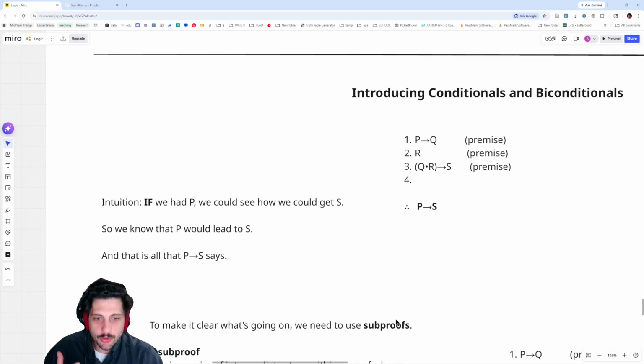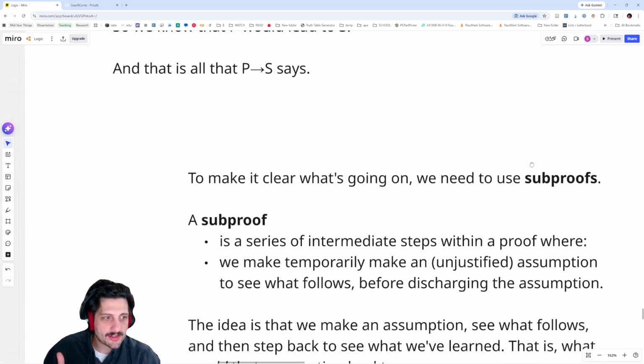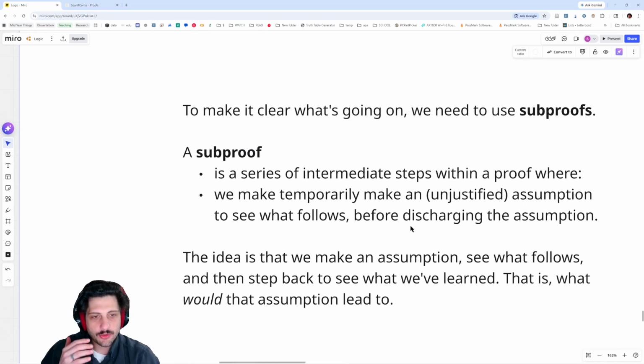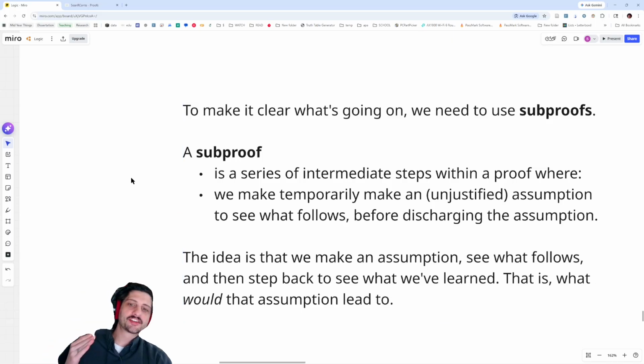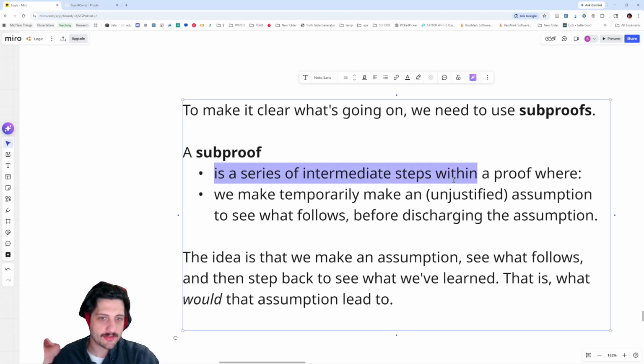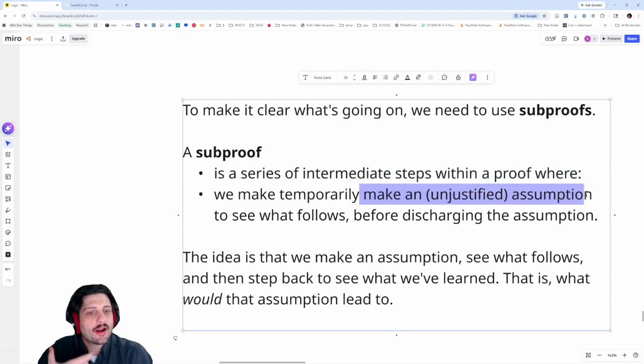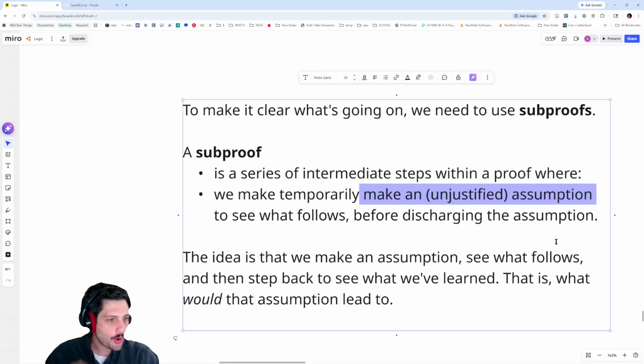So here's what we're going to do. In order to make these sorts of things clear, we're going to be using these things called subproofs. A subproof is just a series of intermediate steps where we temporarily assume something that's unjustified. So we're going to temporarily say, okay, suppose P was true. What would happen?